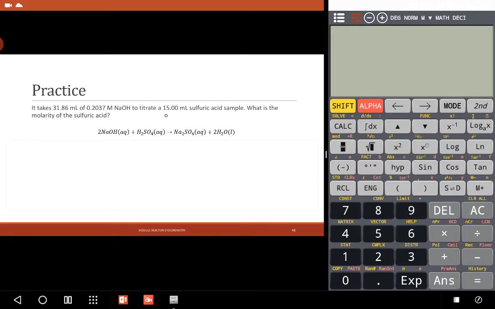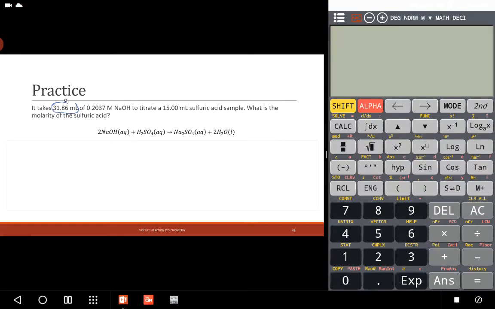Okay, let's go ahead and get started. So we're given a volume of sodium hydroxide, and we're given its molarity, which is going to be a conversion factor to get into moles of sodium hydroxide. And we're titrating the sulfuric acid, and we're asked to find the molarity.